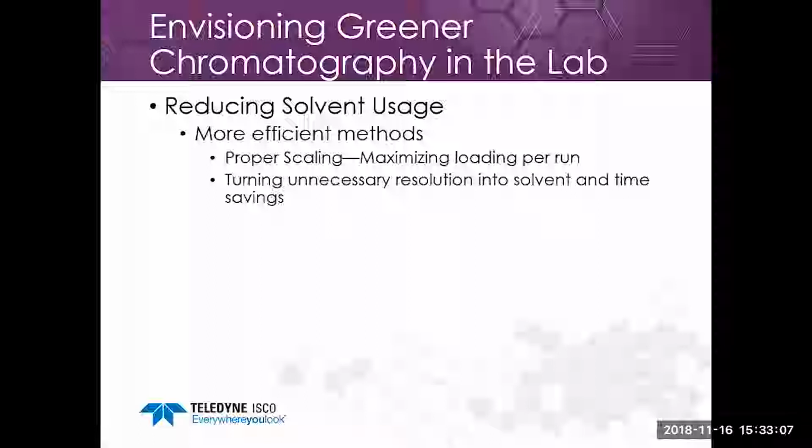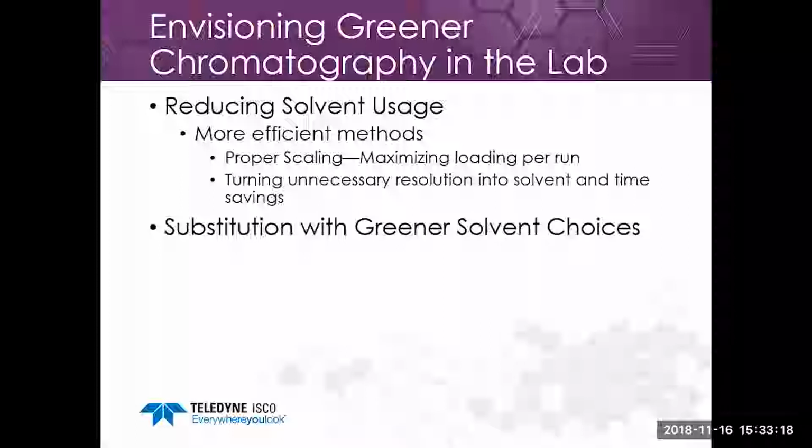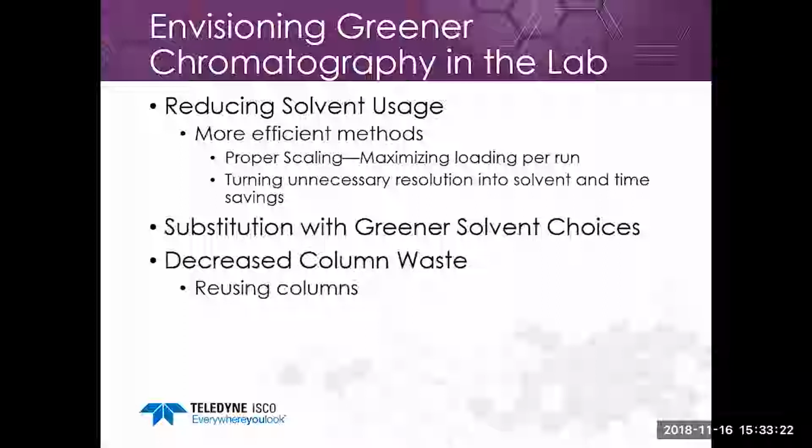If you have unnecessary resolution, you can turn that into solvent or time savings, or even solvent savings by going down to a smaller column. We'll discuss that in a little more detail. Substitution with greener solvent choices would be another way that we could see chromatography being greener.